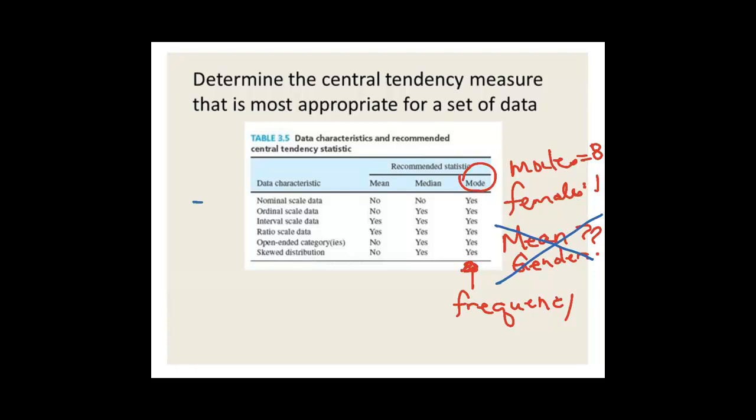Likewise, the median value would have no meaning because it wouldn't separate 50% of the data from the other 50%. However, it does make sense to say the mode equals 0 if 0 is clearly defined as male. So the only appropriate measure of central tendency for a nominal level set of data is mode.